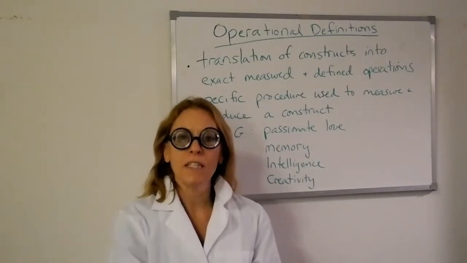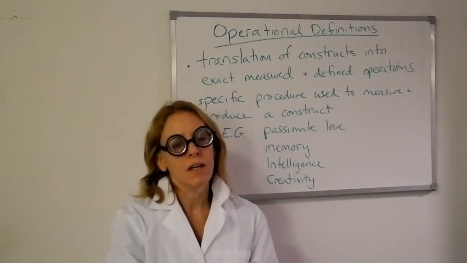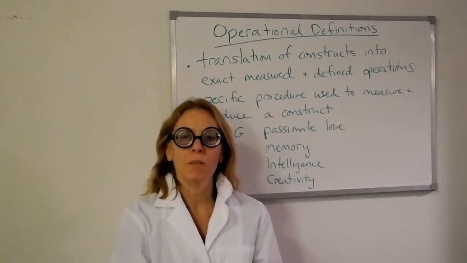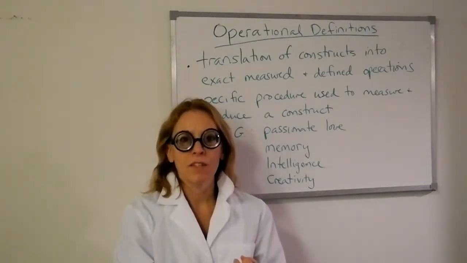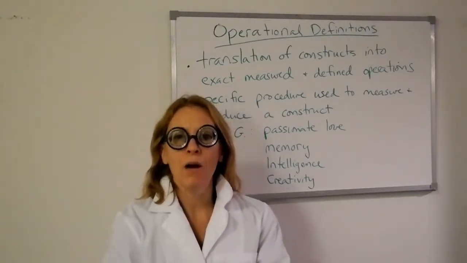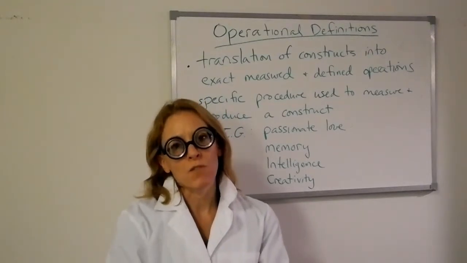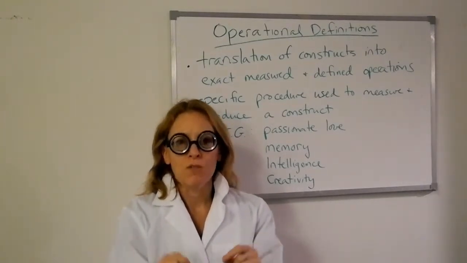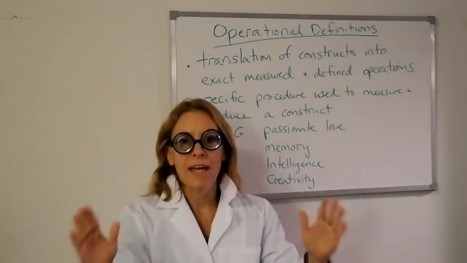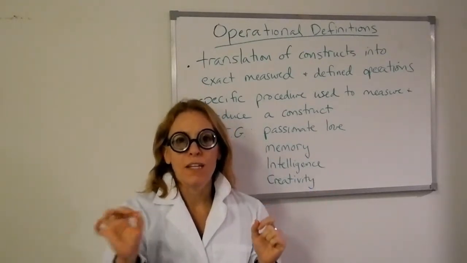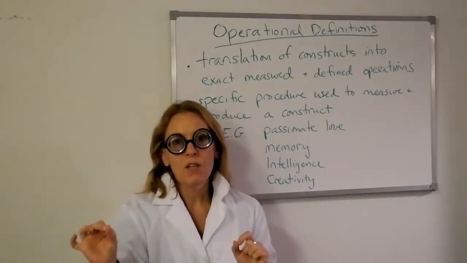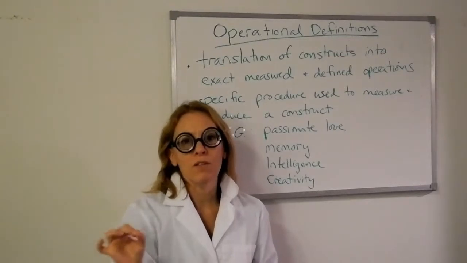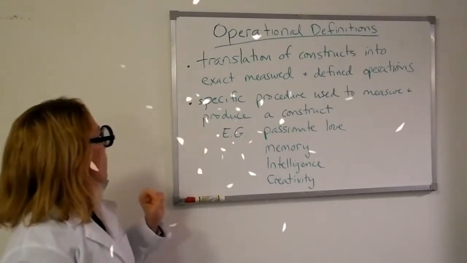We have to really measure memory, but there are hundreds of ways that we could possibly measure it. So we need to figure out how best it fits our study, for our purposes, for our hypothesis, and then we choose that way, and then we tell everyone else exactly how we measured it so they can replicate it if they want to. Remember that replication is extremely important for the scientific method.